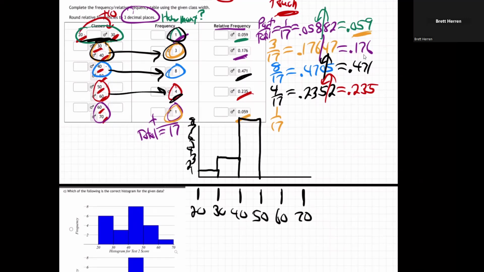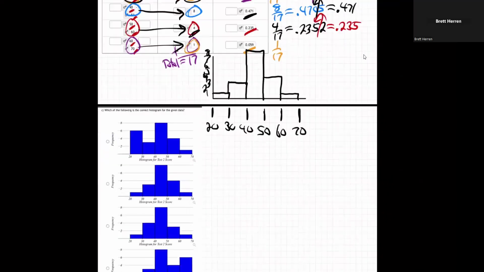And the next one, 50s to 60s, 4. And 60s to 70s, only 1. That's what it should look like.